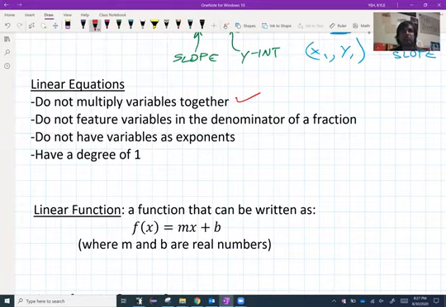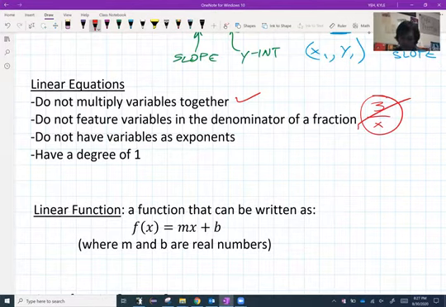Linear equations do not feature variables in the denominator of a fraction. In other words, we're not going to divide by a variable, so we will never see something like 3 divided by x. We also have no variables as exponents, so we don't have 3 to the xth power or something like that.